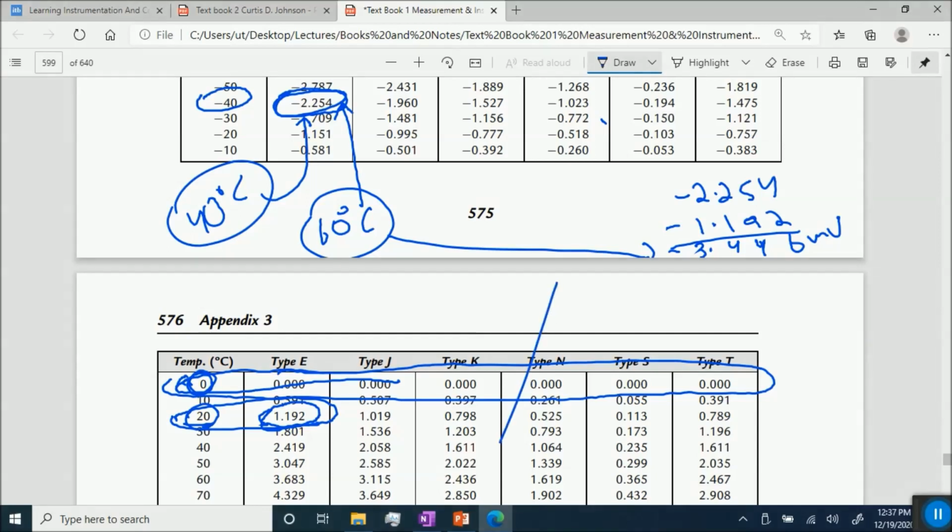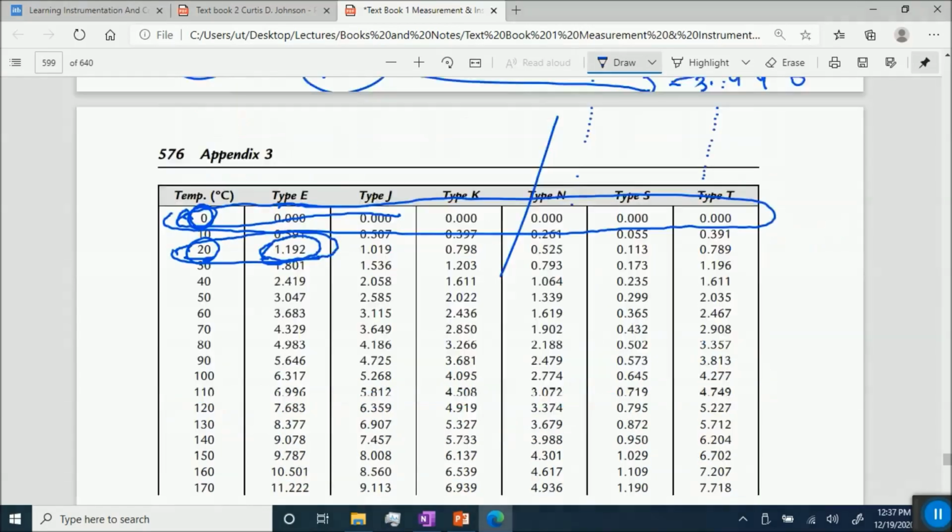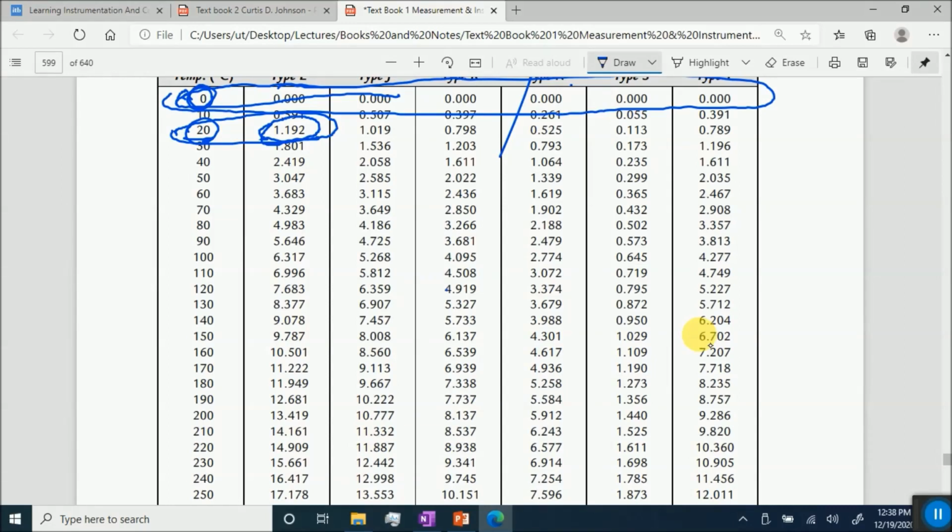And if you go up in this table, the voltage output would become smaller. For instance, let's take this value of 60 degrees, 3.683 millivolts with reference to 0 degrees. But with reference to 20 degrees, that would be 3.683 minus 1.192, so that would be 2.491 millivolts now instead of 3.683 millivolts.